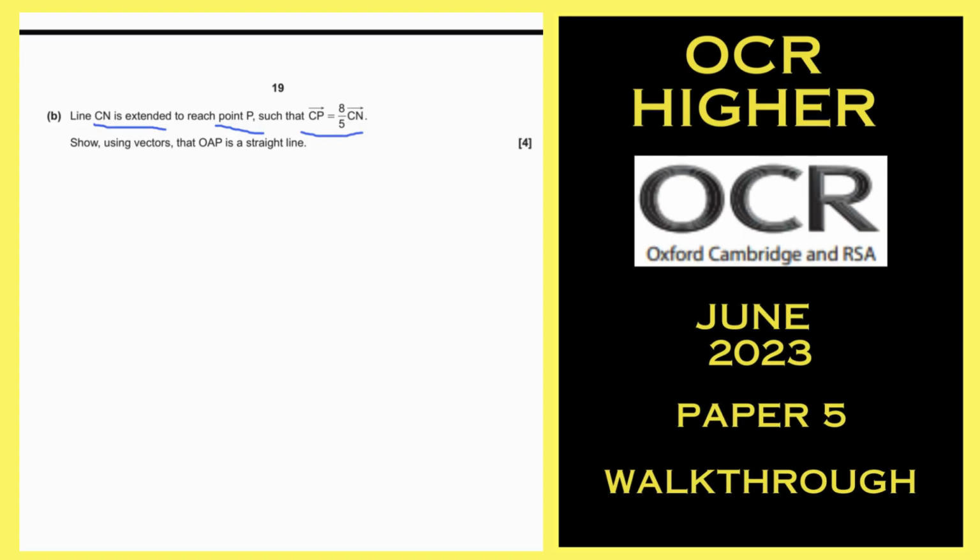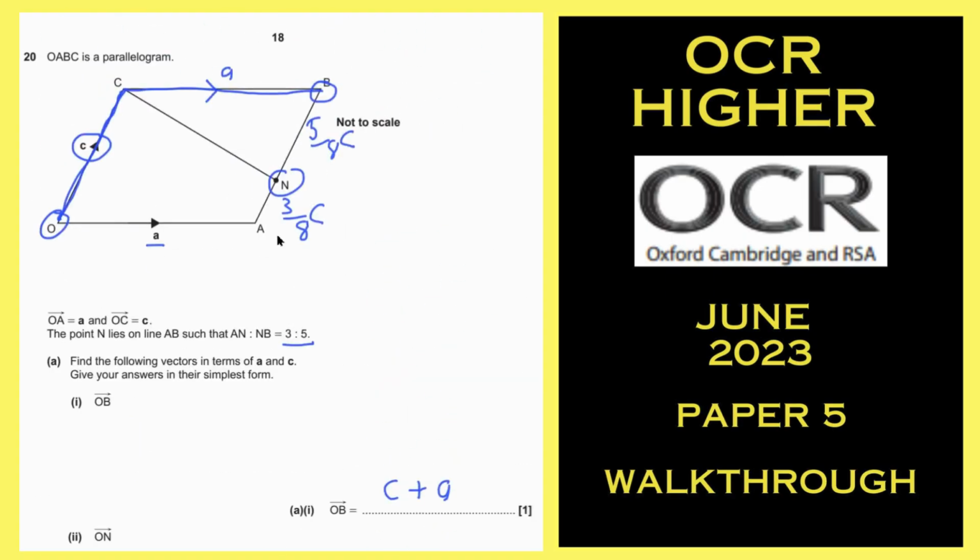Now let's think about the fact that we've already done a lot of CN. How do I get from C to N? I can get from C to N by going along here, which is A, and then down here, which is minus 5/8 of C.